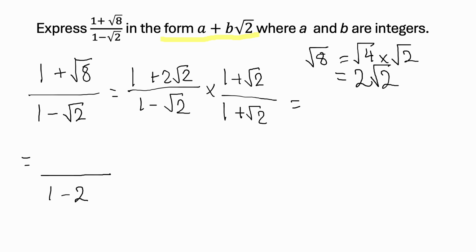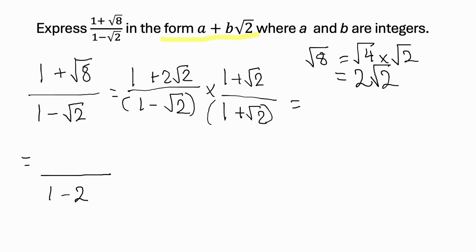I've just done a shortcut method here, because whenever you times it by the opposite sign, you always get a squared minus b, where our a is 1 and our b is 2 in this instance.